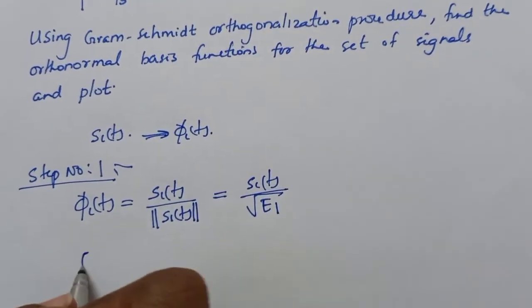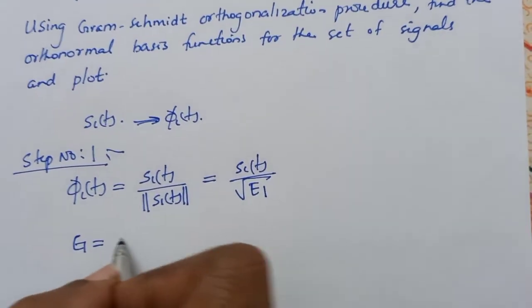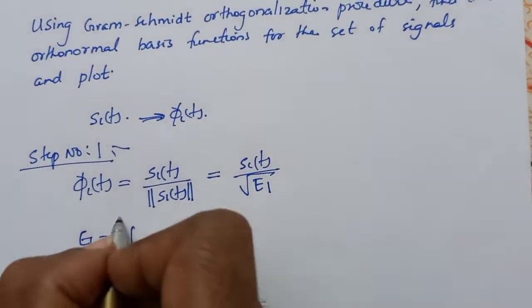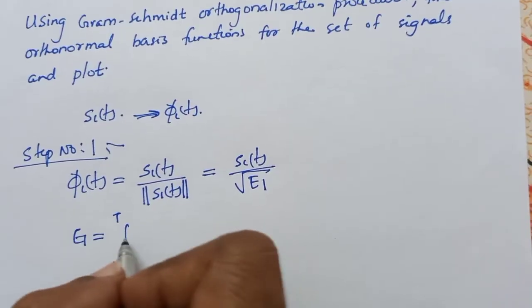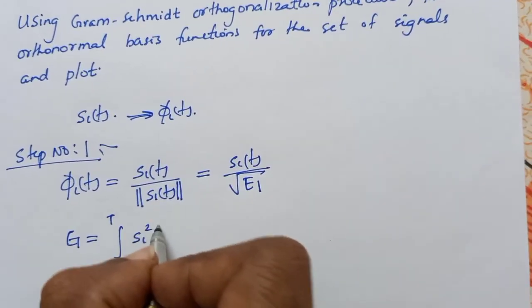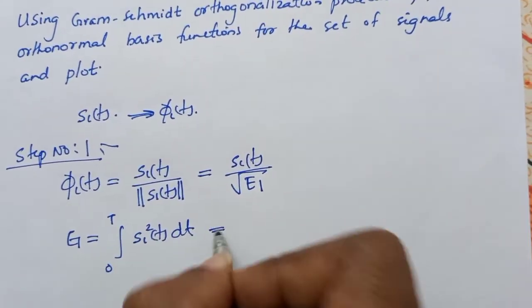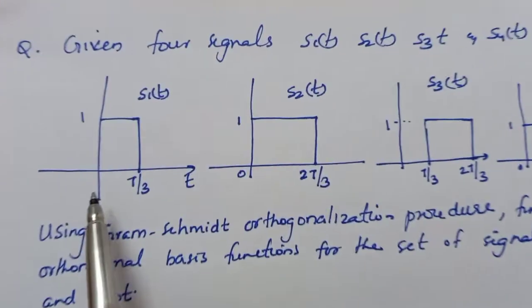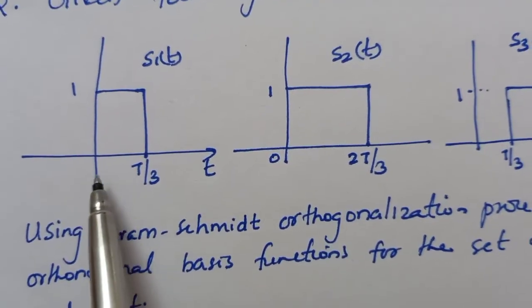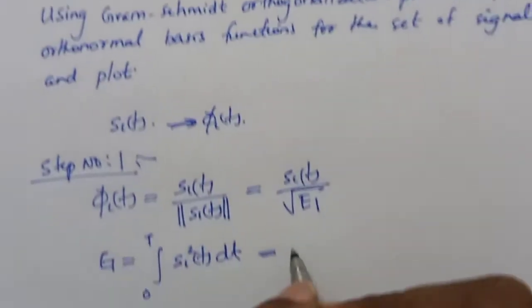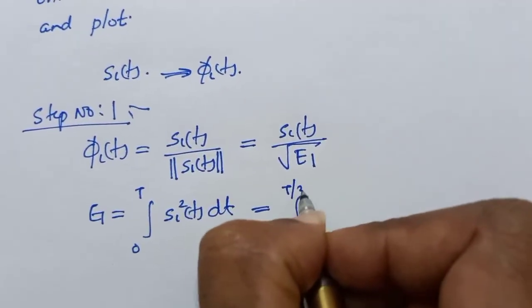What is E1? E1 equal to integral 0 to T of s1²(t) dt. We know that the duration of the signal is only from 0 to T by 3, so this will be equal to integral 0 to T by 3.